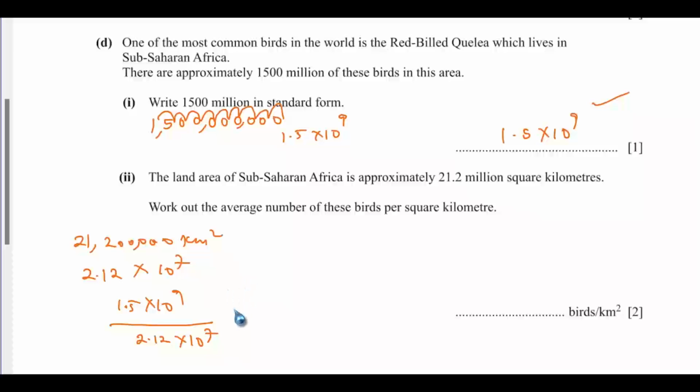So this will be birds, and this will be square kilometers, so that will be kilometer squared. If you divide this by this, you will get 70.75, which is approximately 70.8 birds per kilometer squared. So we put 70.8 here.